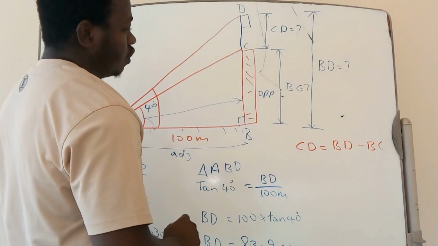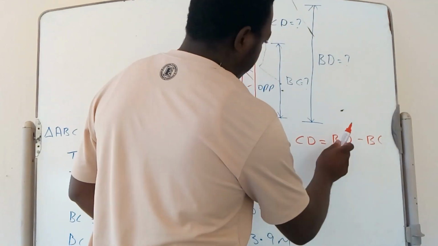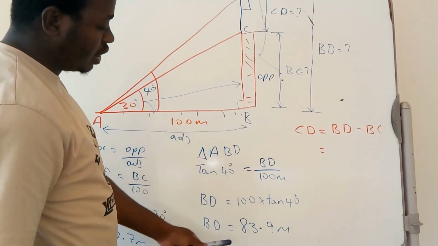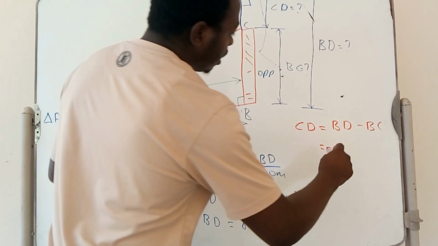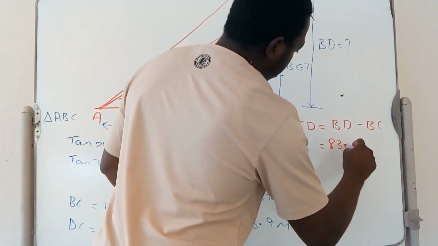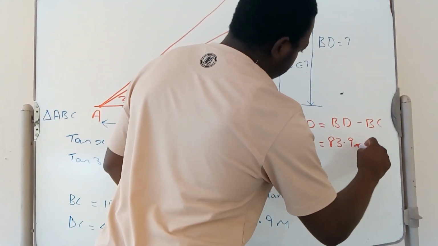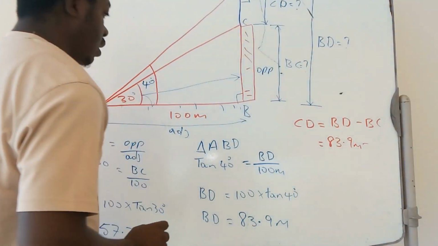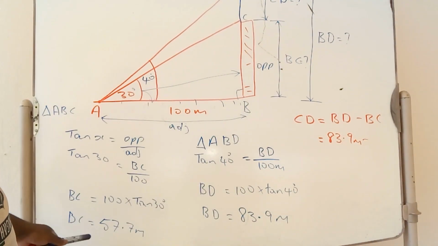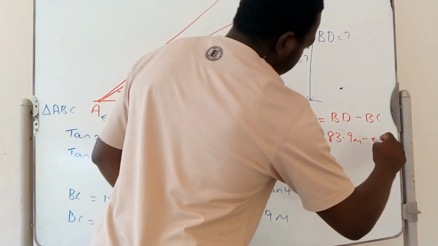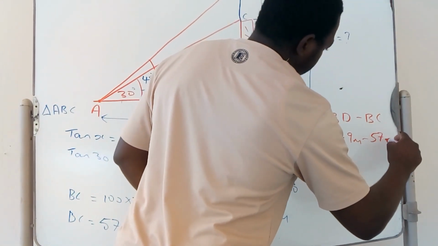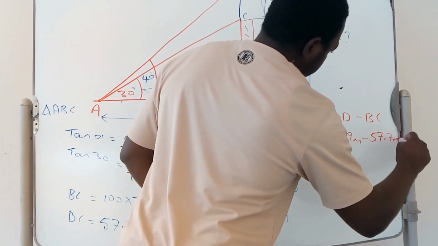Right? So therefore, BD, what is BD? We just found that out to be 83.9, so that is 83.9 meter minus BC, and BC is 57.7 meter, right?